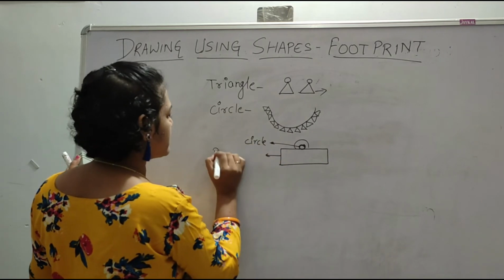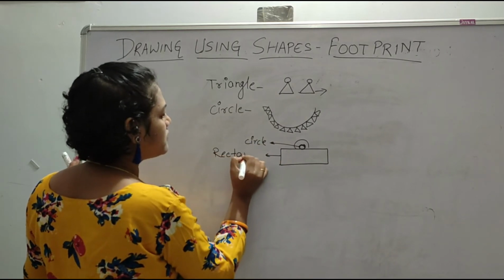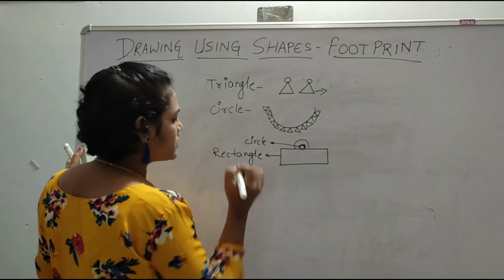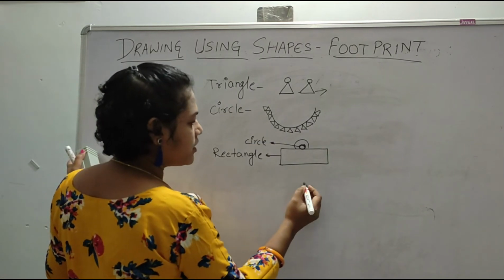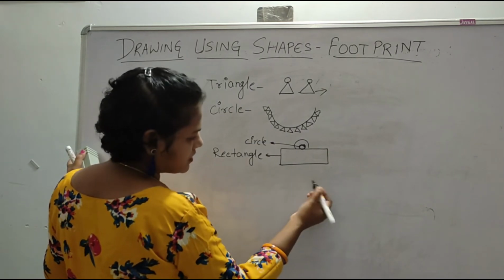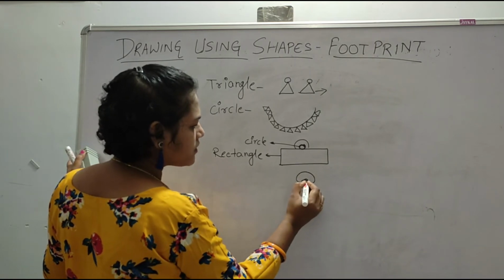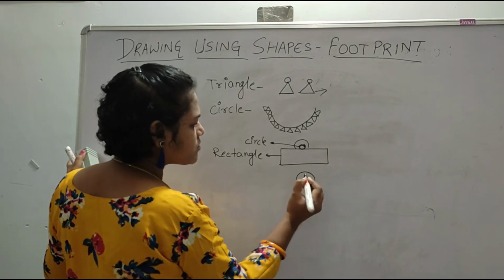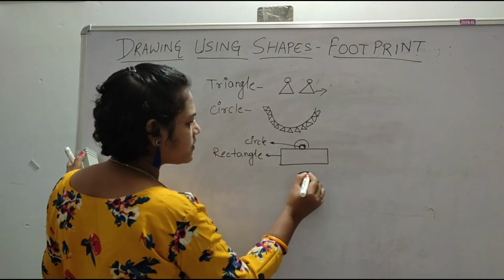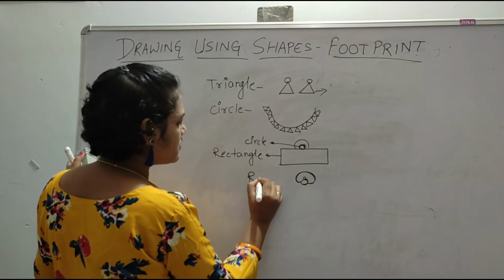Again, this is a rectangle. I can draw a small ring here.